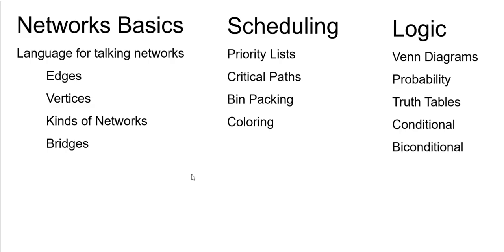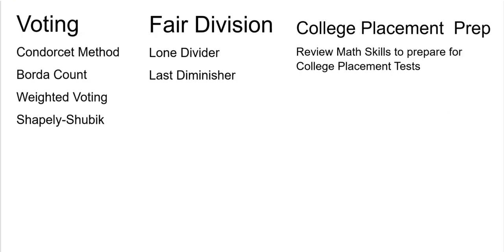And then logic is something that you've covered in geometry, but you've not necessarily covered truth tables, so we might dive into a little bit of that, reviewing some of what you already have covered, but a little deeper. Voting is always interesting. It's a key to our democracy.